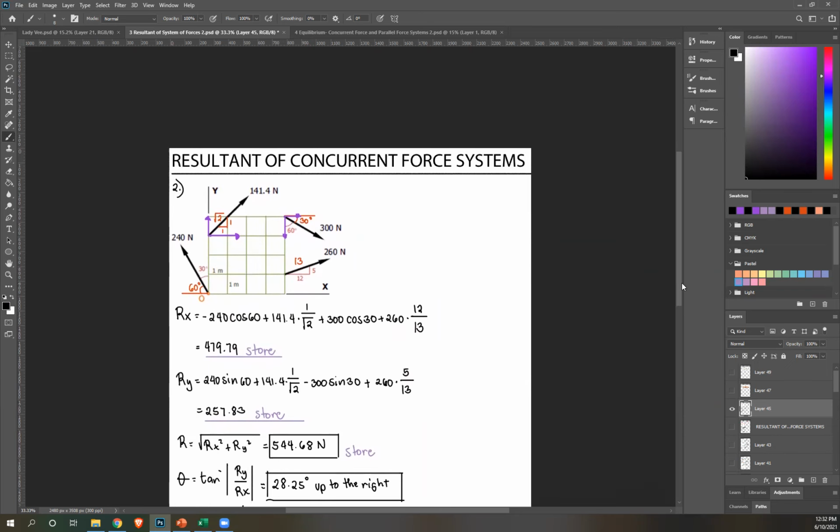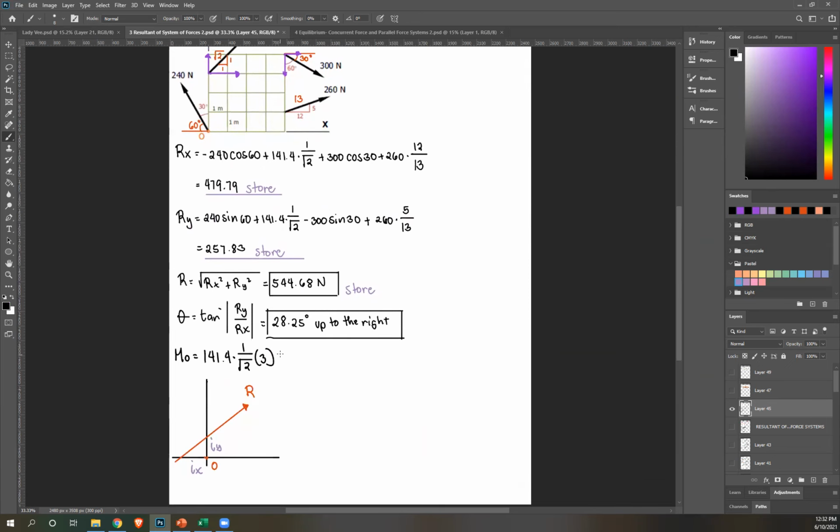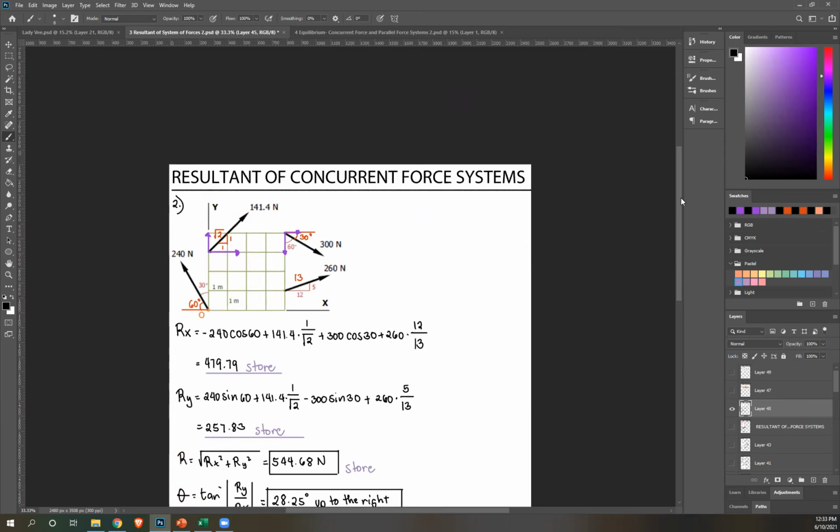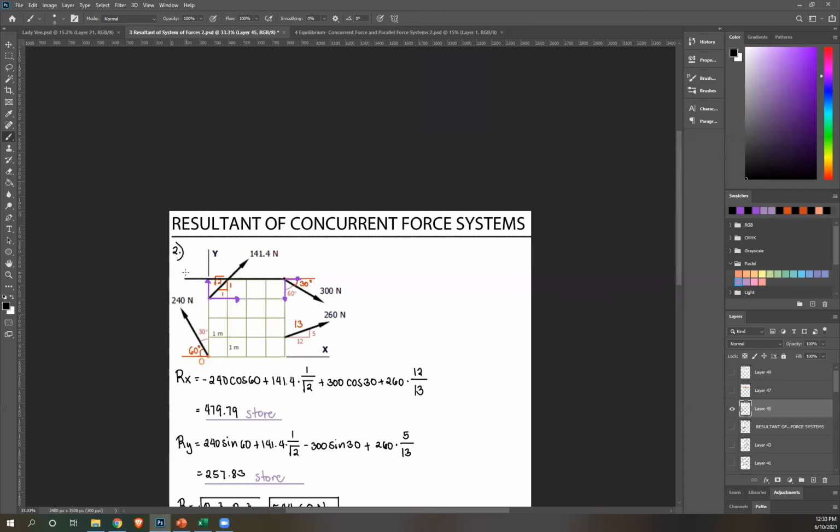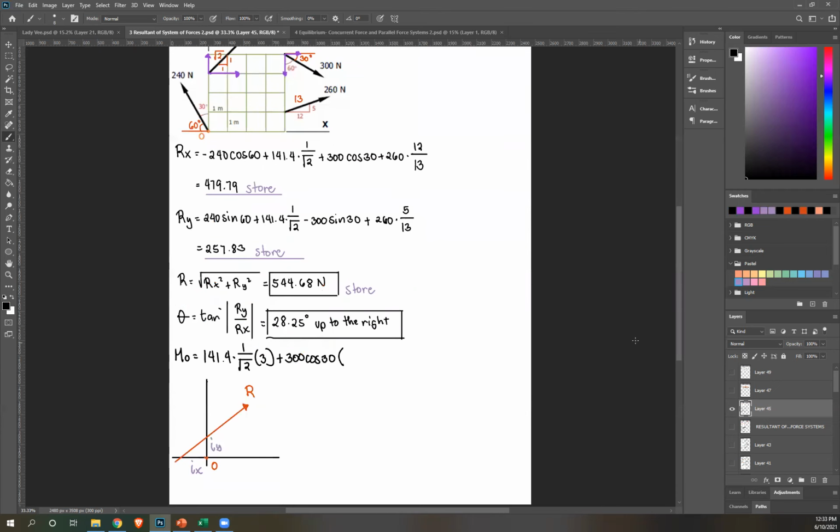Therefore, positive 300. X component is cosine 30. So plus 300 cosine 30. Don't forget the distance. Extend this line of action. This is the distance. That's 1, 2, 3, 4 units. So 4 meters.